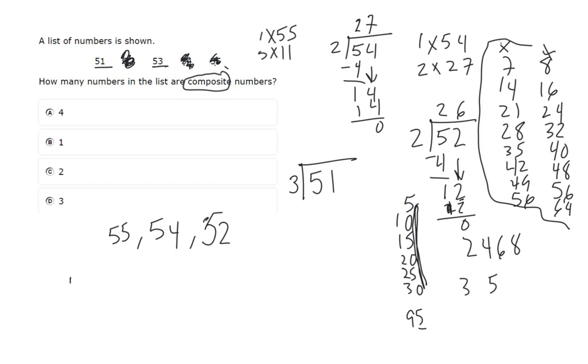Because again, I'm looking at this number, and it's an odd number, so none of the even numbers are going to be a multiple of that. And I know 5's not going to be a multiple of that either because it doesn't have a 5 or a 0 in the ones. And 7 and 8 won't work because I've already listed them here and it's not one of the multiples.